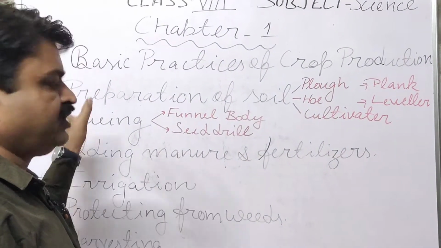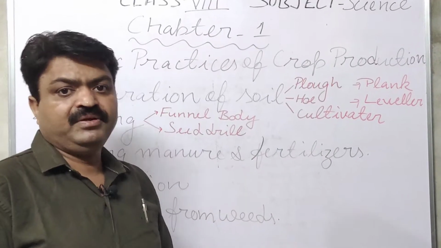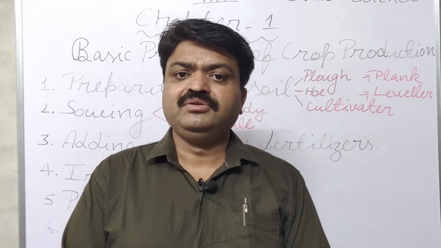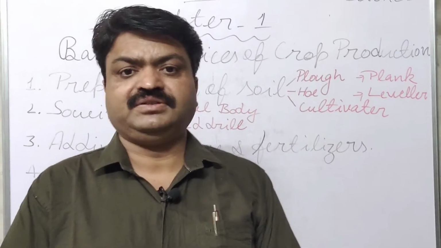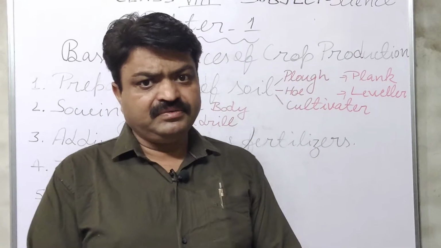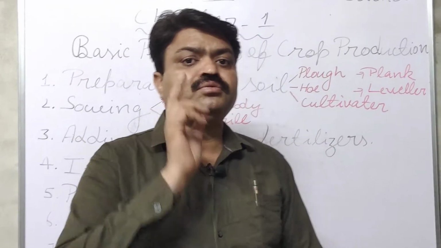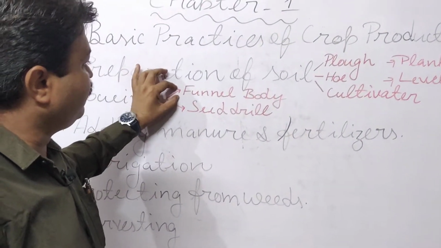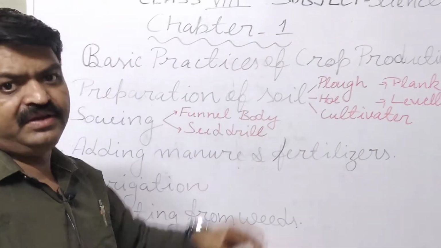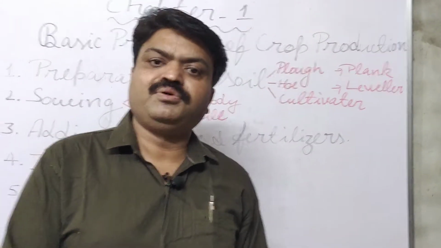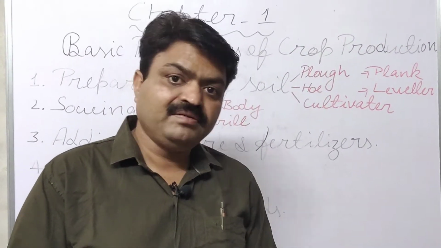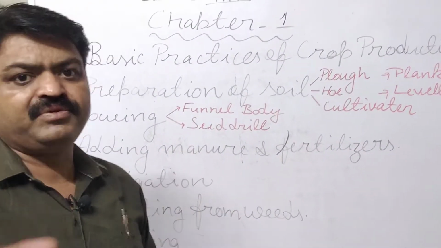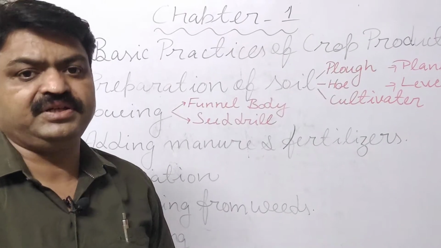Next is sowing, student. It is the second step. After the preparation of the soil, what do the farmers do, student? They sow the seeds in their fields. For this they use two devices. A funnel-like body is used with the plow if they sow the seed with the help of animals; it is adjusted with the plow, and with the help of that they sow the seed.